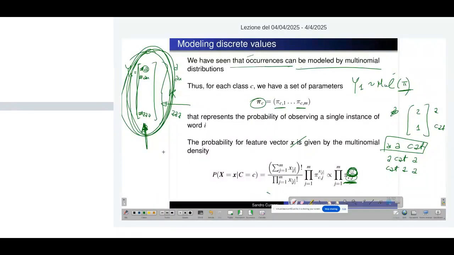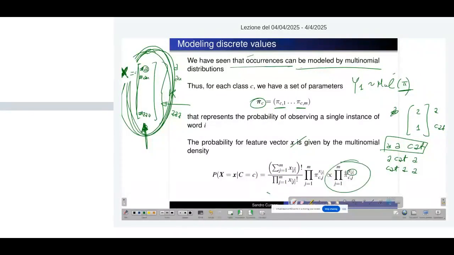So this x_j is actually my vector. Here I called it y because before the document was called y, but now this is a feature vector, so let's call it x again. My x contains the occurrences of the words. The probability of one document having these occurrences is computed in this way.